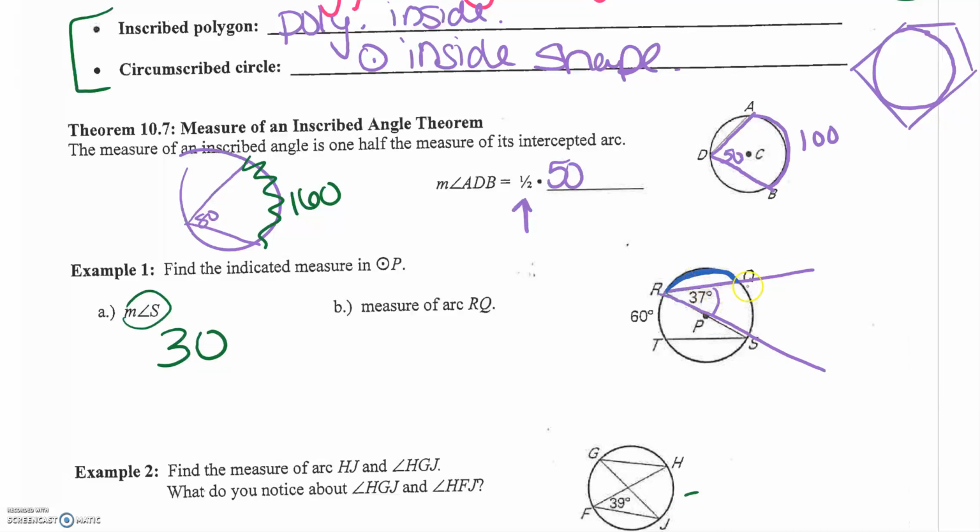And so if you double 37 to get 74, you will have this much of the arc. And if you look here, this is a diameter. So now to get RQ, you're going to do 180 minus 74. So 106.